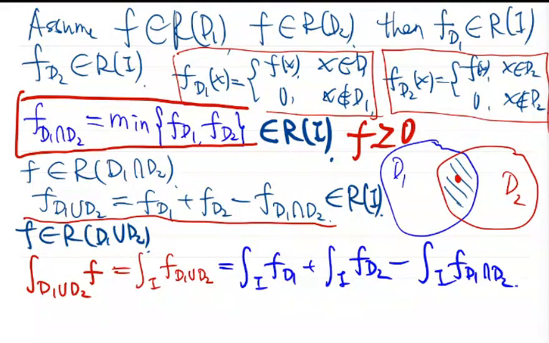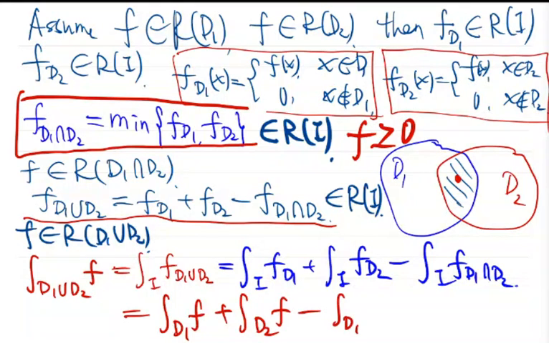But these integrals are precisely the integrals of f over D1, over D2, and over D1 intersect with D2. So this proves our theorem for the case that f is non-negative, because to establish the equality, we need f to be non-negative.